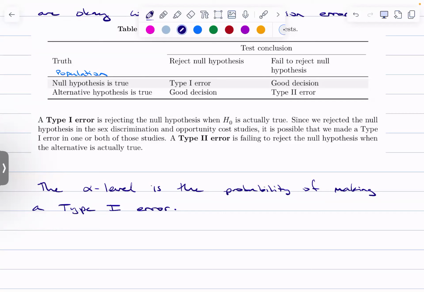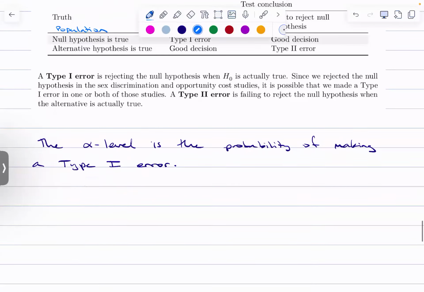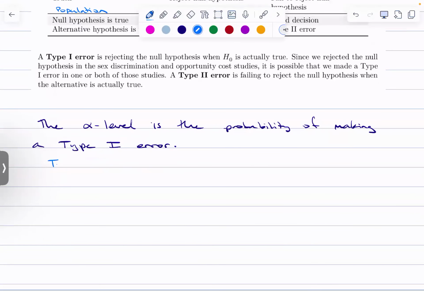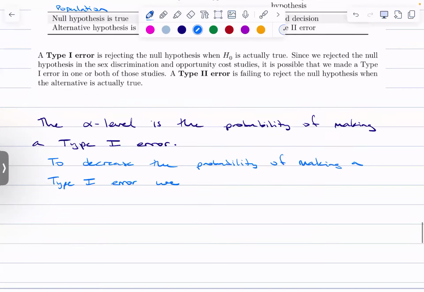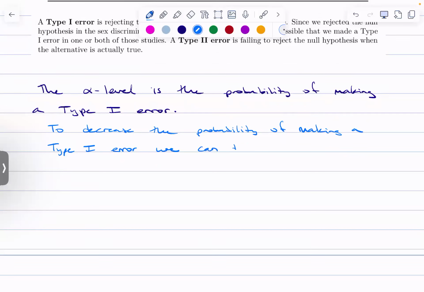And so to decrease the probability of making a type 1 error, we can decrease the alpha level.